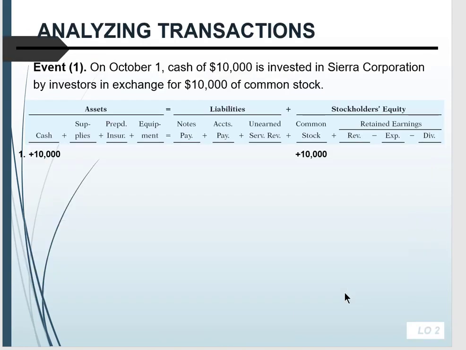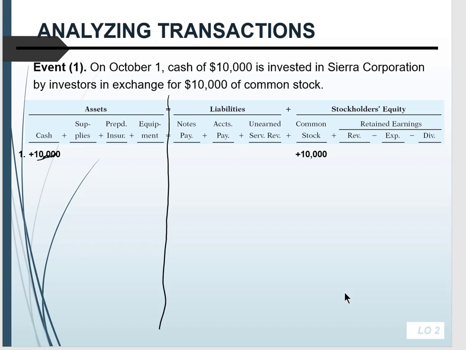So let's see if we can go through some of these typical kinds of transactions. Again, what I'm going to remind you is we need to separate the two sides here. So here we have cash of $10,000 was invested in this company by investors for common stock. So what does that mean? The company received $10,000.